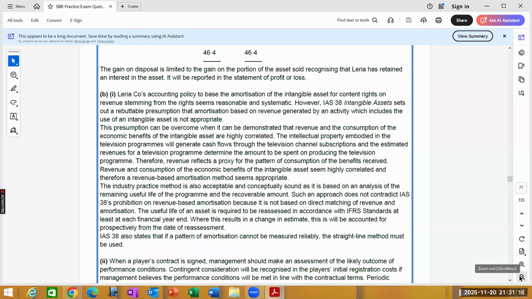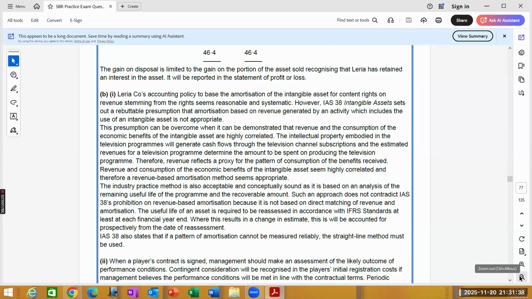So the company's accounting policy of amortizing the intangible asset for the content right based on revenue streaming from the right seems reasonable and systematic. However, IAS 38 Intangible Assets sets out a rebuttable presumption that amortization based on revenue generated by an activity which includes the use of an intangible asset is not appropriate.